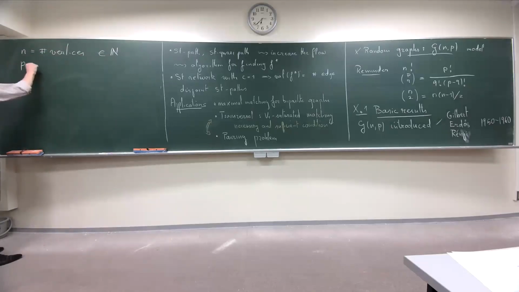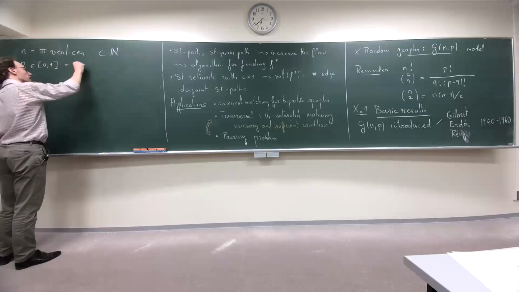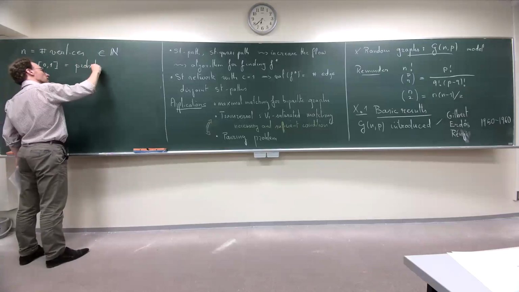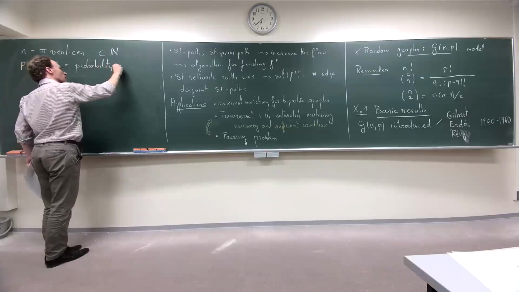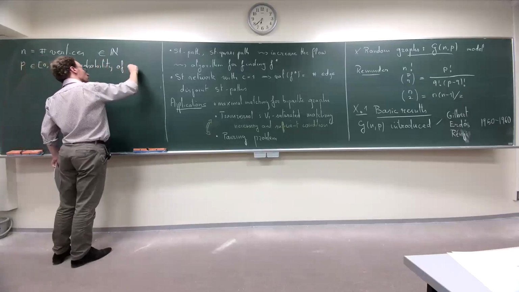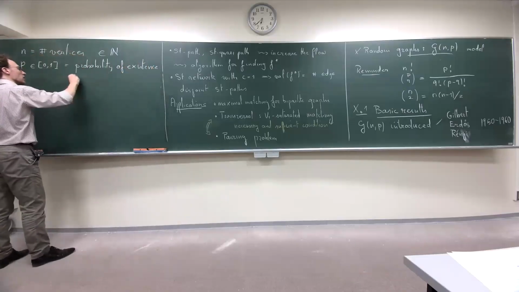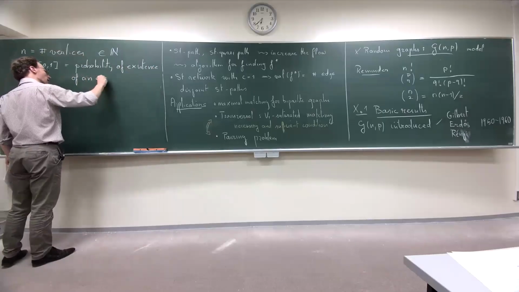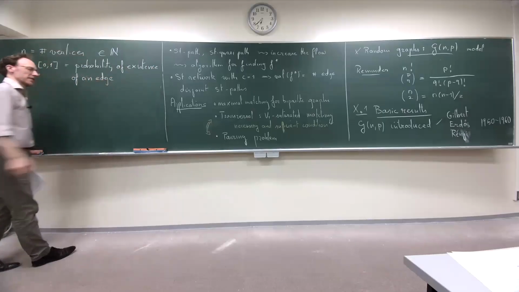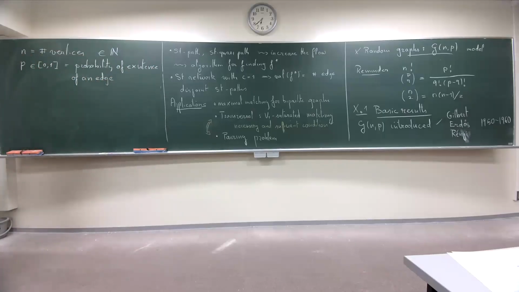And p is a number between 0 and 1, a probability of existence of an edge. And this probability is the same for all edges in the graph.